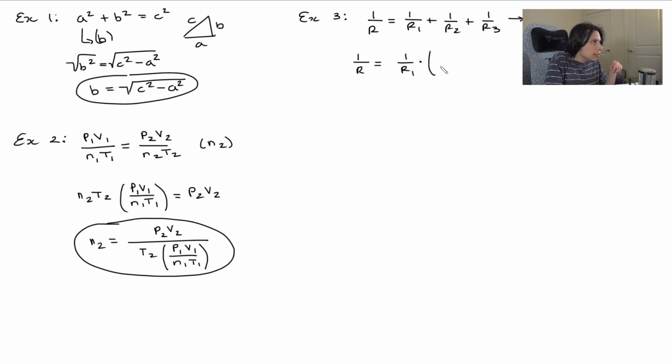We're going to start by doing this, and I'll explain why it works. R2 R3 over R2 R3 is just 1, so we're not changing the equation out of nowhere. What we're trying to do is multiply this numerator by the other two variables involved in this expression, in the hopes of doing the same thing for the other fractions and getting a common denominator. Then this is plus 1 over R2 times, you guessed it, R1 R3 over R1 R3.